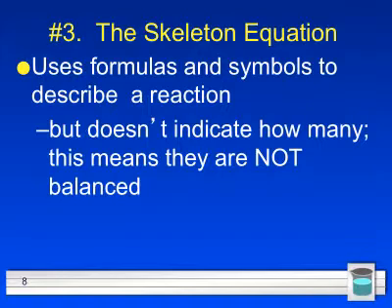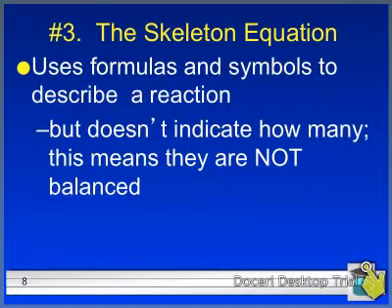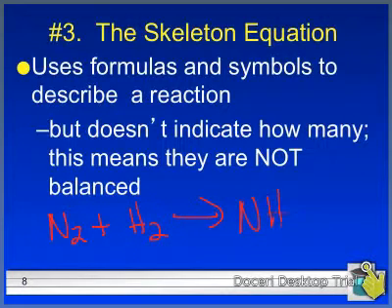This uses formulas and symbols to describe a reaction. However, it doesn't necessarily indicate a balanced number. So for instance, in the example problem we did from the simulation, we had N2 plus H2 yielding NH3, correct? This is a skeleton equation. Is this balanced? No. But it's telling you what the molecules are and who's reacting with who, correct?